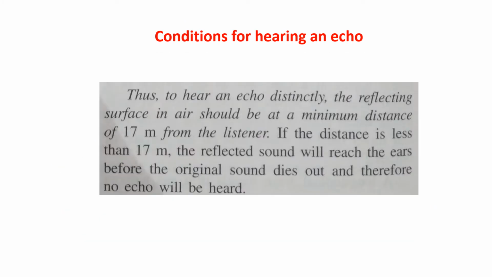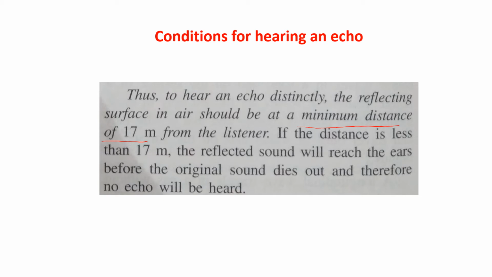What I just explained to you are the conditions for hearing an echo. Thus, to hear an echo distinctly, the reflecting surface in air should be at a minimum distance of 17 meter from the listener.